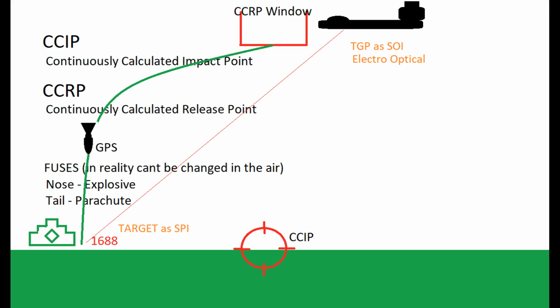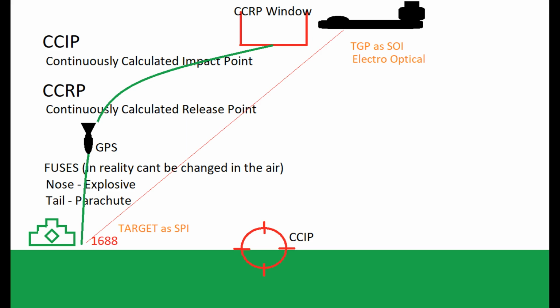It'll tell you where it expects your rounds to land or your bombs to land, which you can use with either dumb bombs or smart bombs, depending on how you set it up. Generally that's used in a dive or really low altitude dropping munitions.